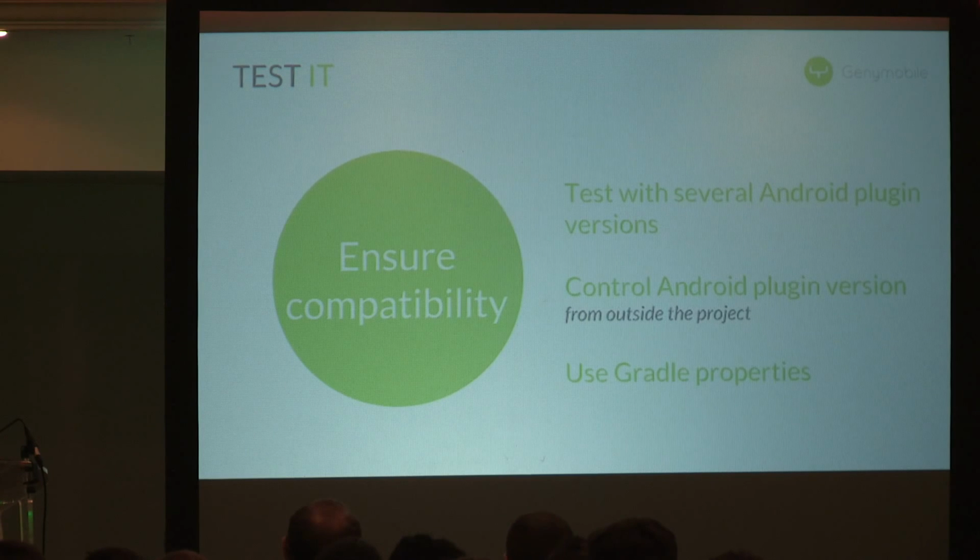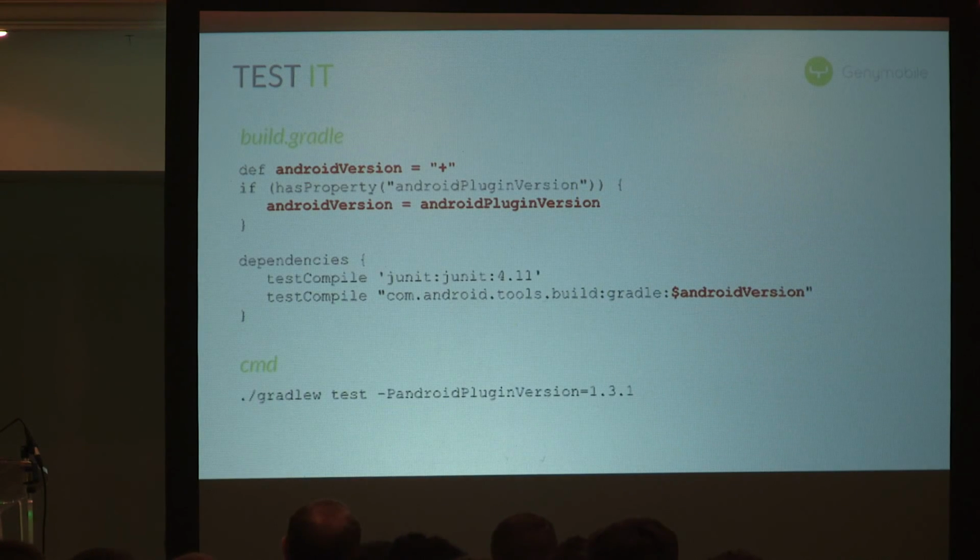So what you will have to do is run your tests on different Android Gradle plugin versions, and to do that you use Gradle properties. For example, here is the Android version variable. It's set to plus, so we will use plus by default in our build.gradle. Then we check whether the launch declares the Android plugin version property, and if it's set, we set it to the Android version.